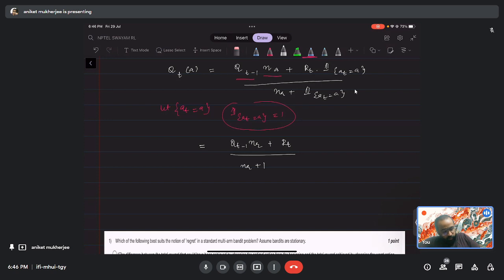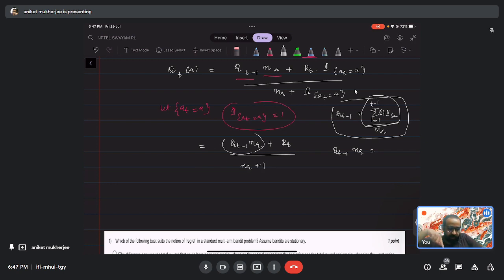So Qt minus 1 is equal to the total rewards till t minus 1 divided by the number of times it has been picked up till previous, right? I think this formula is clear to you. So Qt minus 1 into Na will give you the sum of the rewards till t minus 1 when you have picked arm a, plus, since you have picked arm a at time t, that reward Rt, divided by the number of times you have picked a till t minus 1, plus 1.